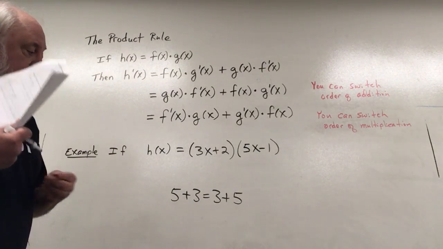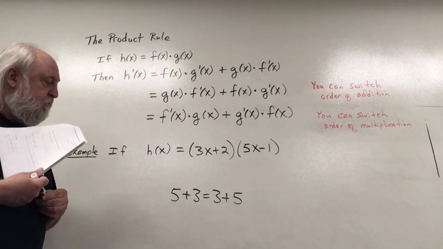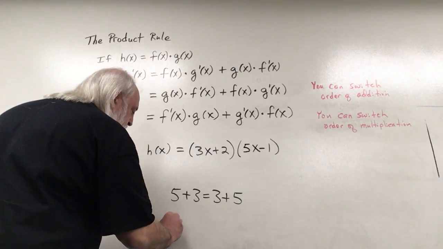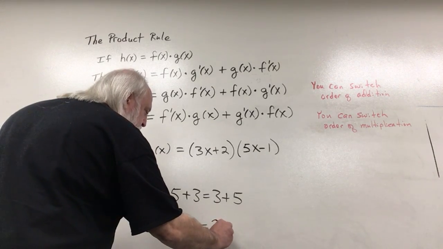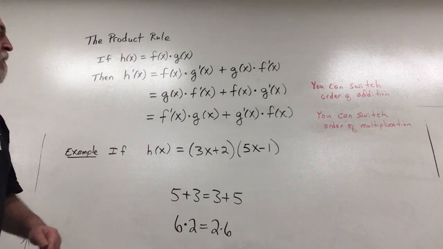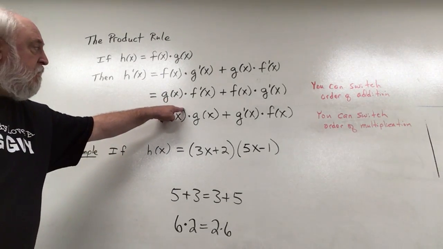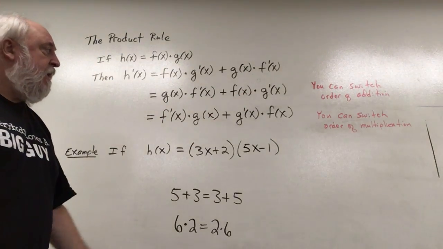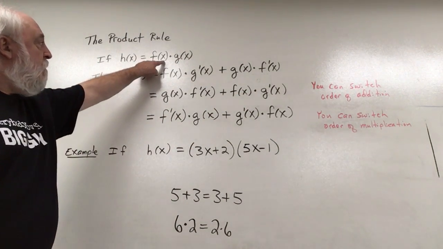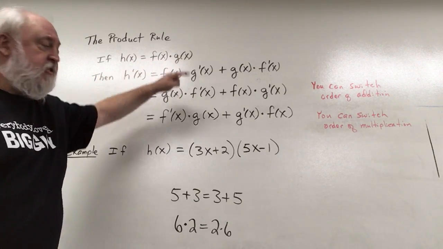Also in math, you know that the product of two numbers can be switched. You know that 6 times 2 is the same as 2 times 6. So we can switch the order of multiplication in one or both of these terms to get yet another representation for the derivative of the product of f of x and g of x.